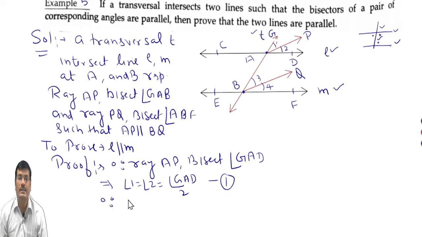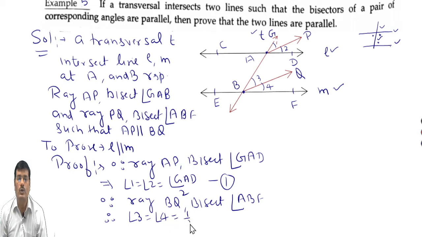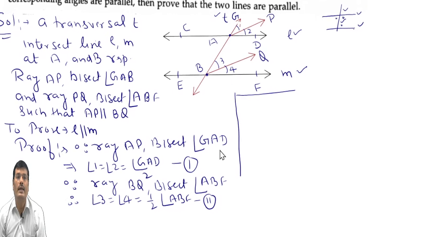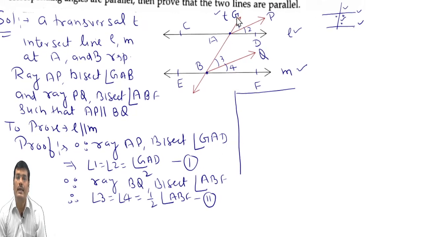Again, since ray BQ bisects angle ABF, angle 3 is equal to angle 4 is equal to 1 upon 2 angle ABF. Now the question is how we relate these two angles, angle GAD and angle ABF, to be equal.